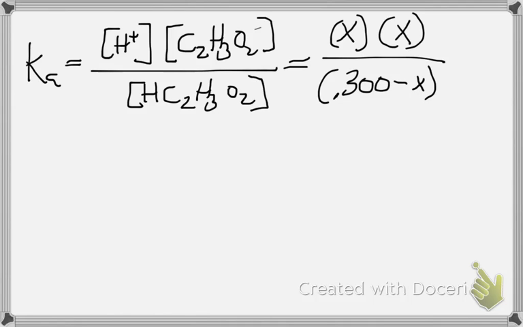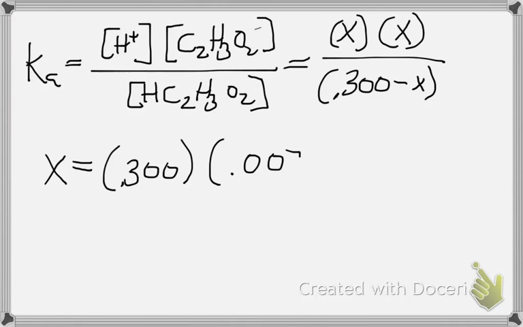To figure out the value of X, since we know at equilibrium that the original acetic acid dissociates by 0.767%, that means X would be equal to 0.300, the original molarity of the acetic acid, times 0.00767, which is just 0.767%.